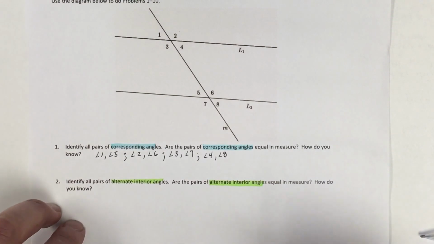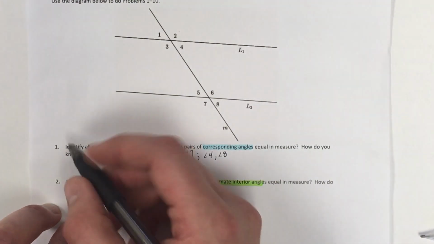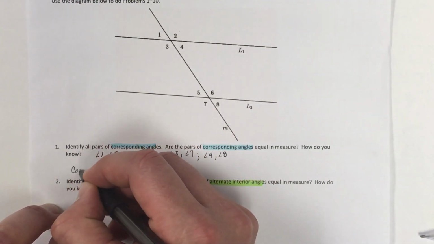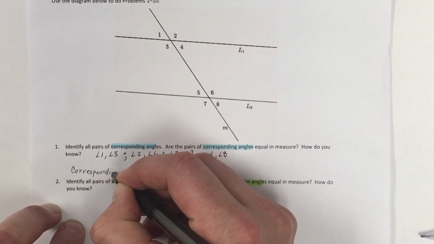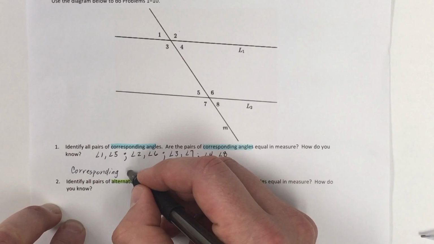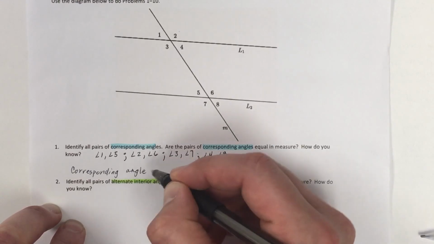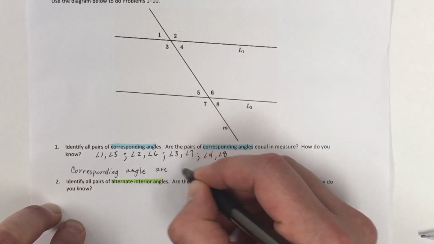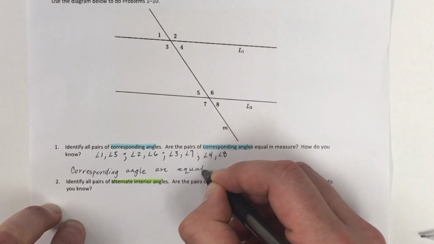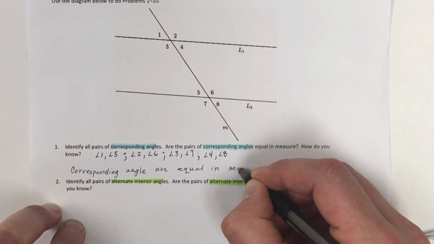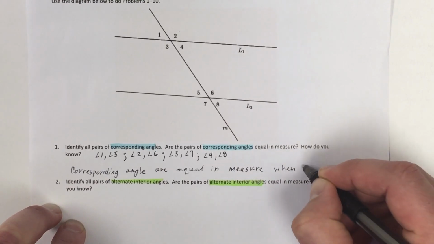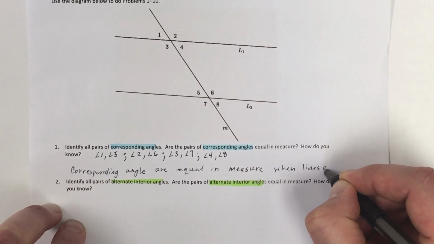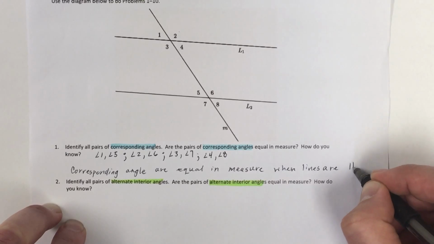Okay, how do I know that they are equal? Corresponding angles are equal in measure when lines are parallel.